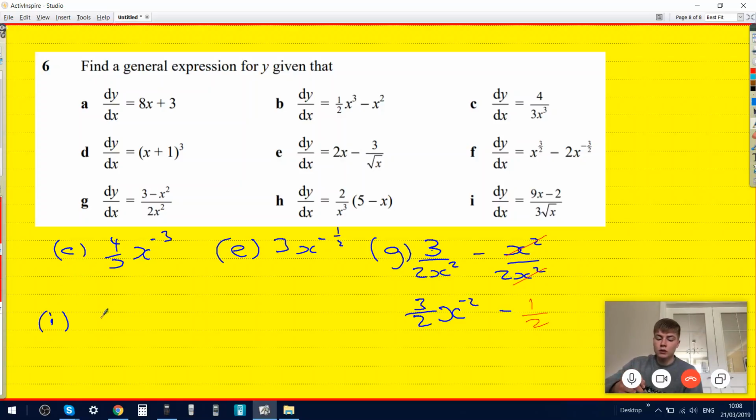Okay. And then, so that's x to the 2/3 over 3, was it? It were 3 root x, yeah. Okay, go on.